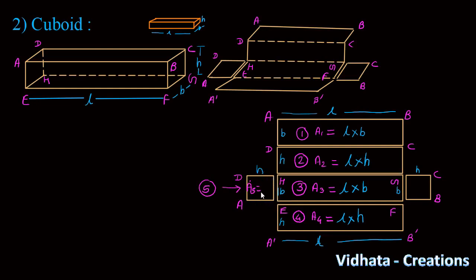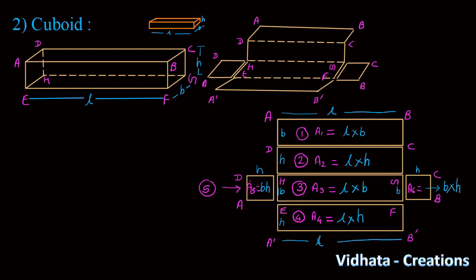That's why its area will be equal to B multiplied by H. And what about this? One side is B and the other side is H. So area number 6 is also equal to B into H.